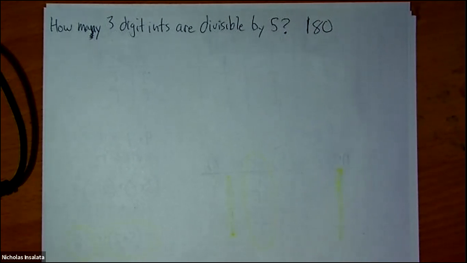What's a way that we could divide up this set of integers divisible by 5 into 2 mutually disjoint subsets, which may be easier to count? Any ideas? Yeah, ending in 0 or 5.